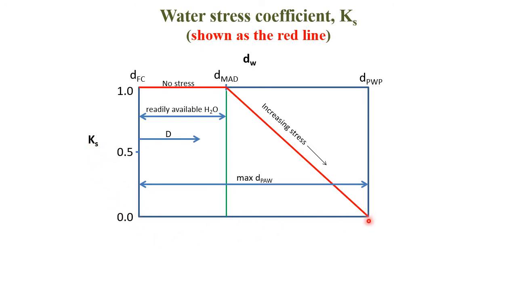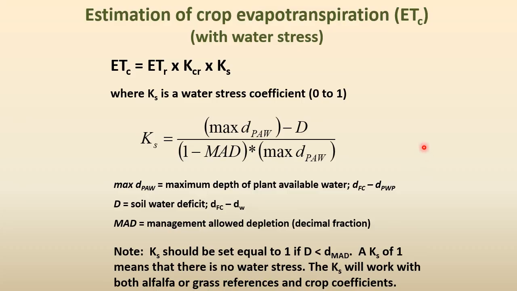So once the moisture content hits wilting point, the Ks is 0, and therefore there will be no evapotranspiration. Again, the three terms in the ETc calculation, and this is the equation that represents that red line in that previous slide.